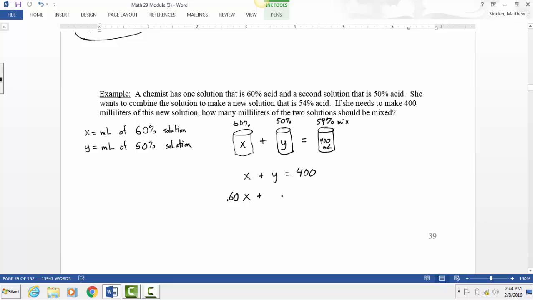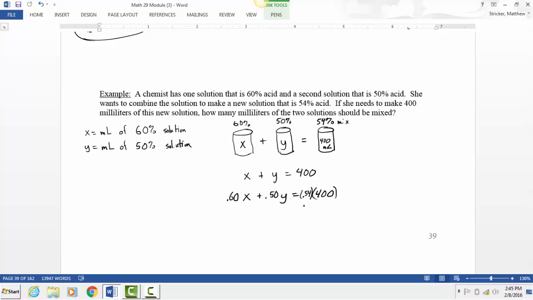We add to that the y milliliters that are 50% acid, and we get a mixture which is 400 milliliters, but 54% acid. And we could simplify that second equation a little bit, do the math.